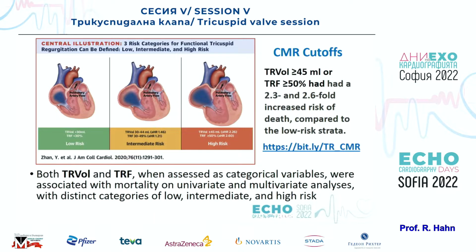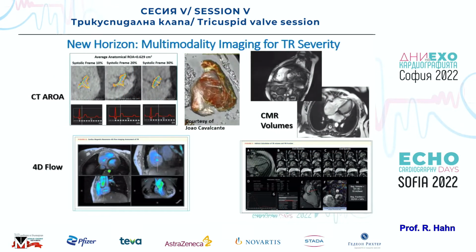We also can use CMR. We know that for mitral regurgitation, CMR can be quite useful in cases where echocardiography is inconsistent or inconclusive. And therefore, using CMR cutoffs shown here to predict outcomes may also have benefit and utility in the patients that we currently see. But remember, we also have multimodality imaging.